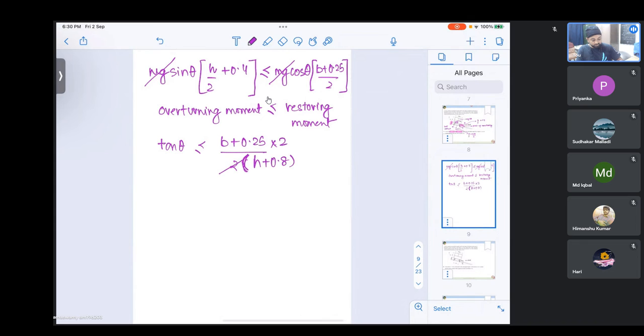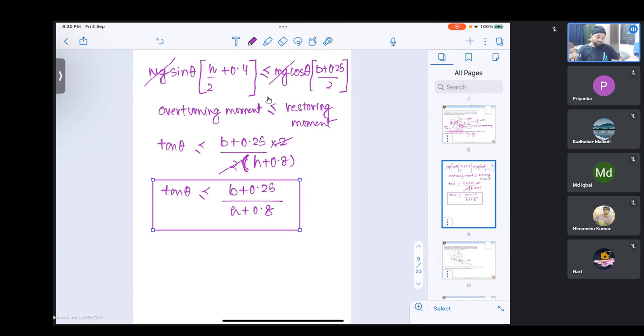I have just divided it. So we get tan theta less than or equal to (b plus 0.25) upon (h plus 0.8). This is an important relation we have got to ensure that the truck does not tip over.